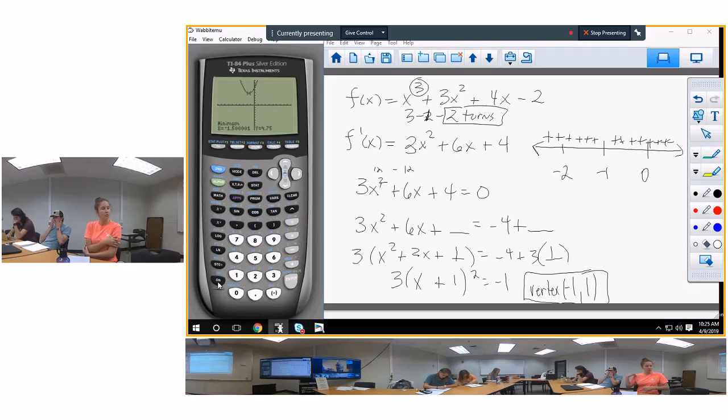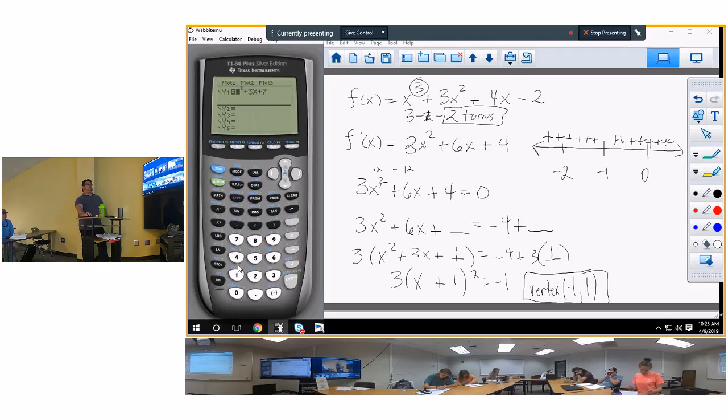And we plug it in. We get y is equal to x cubed, so we put an x cubed right there. And then plus 3x squared, plus 4x minus 2, and graph.